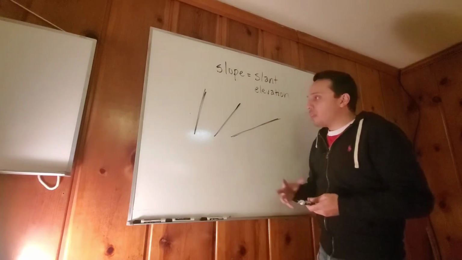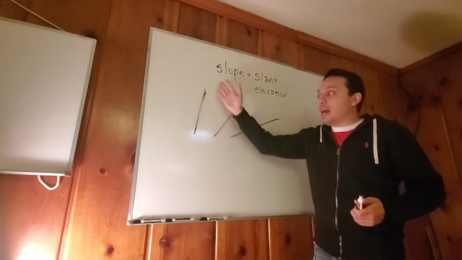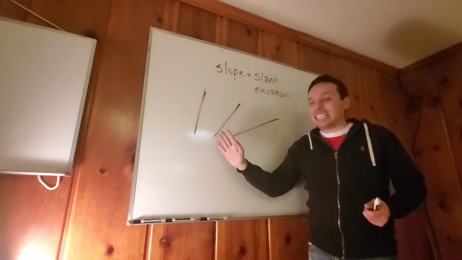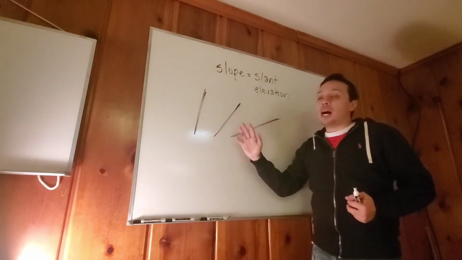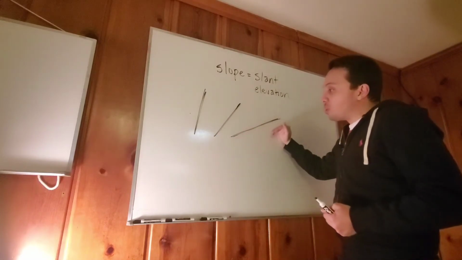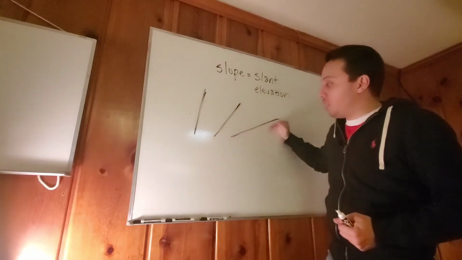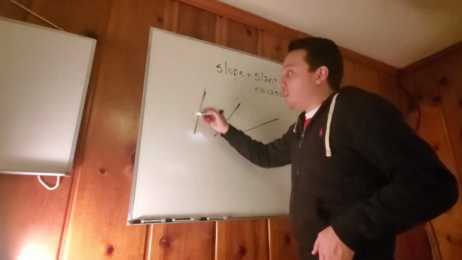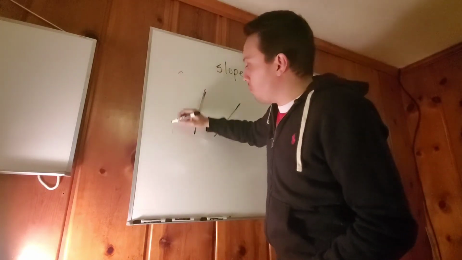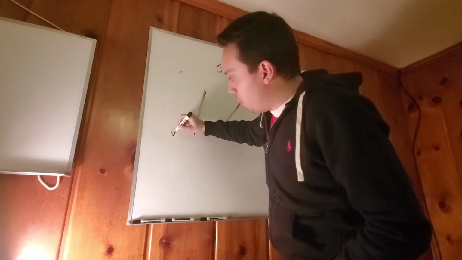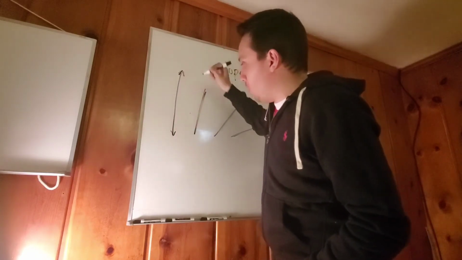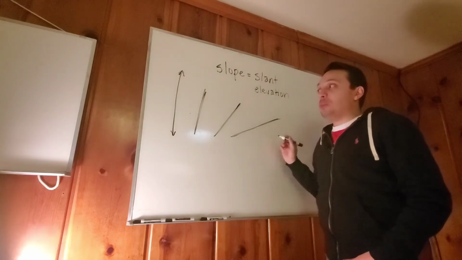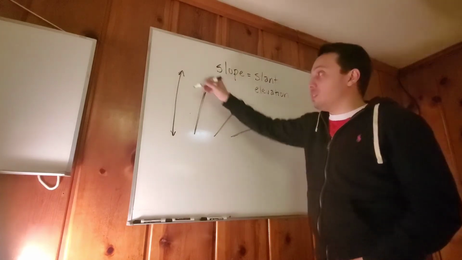One of the things we're talking about with slope is how inclined, how slanted, how steep the line is. Is it super steep, or is it not as steep? The closer it gets to the vertical, the more steep it is, the more like a cliff it is, because this is literally a cliff.